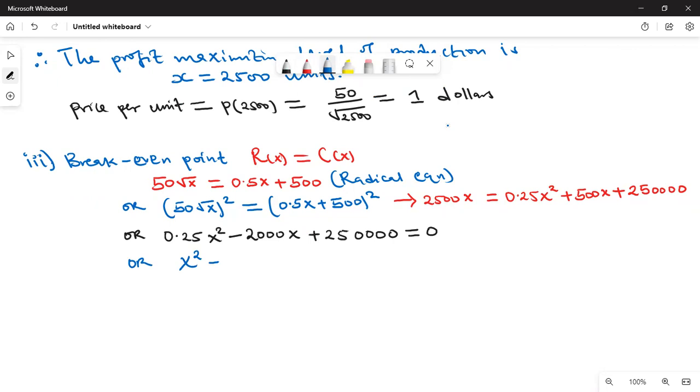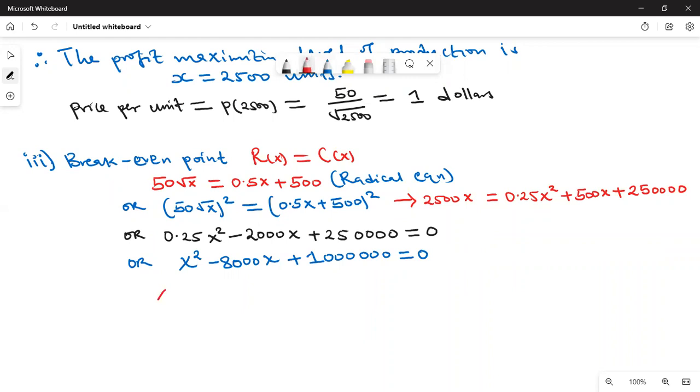That will give us 8,000x. Plus, now we have 25 with the 4 zeros. We are dividing by 0.25. That will give us 1 million, is equal to 0.